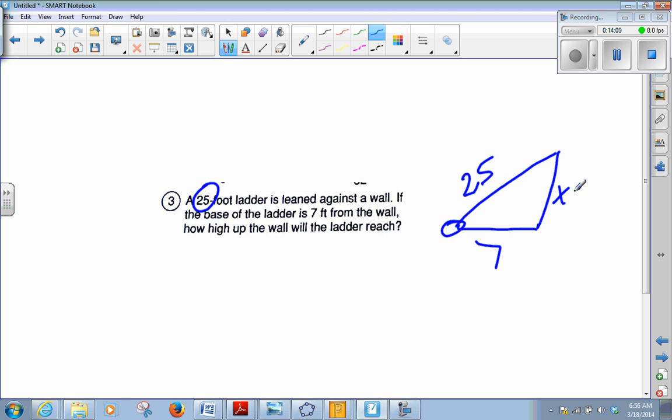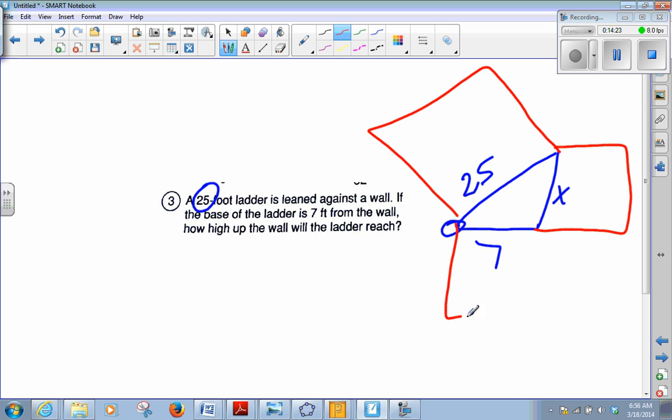We're trying to figure out, of our little imaginary right triangle that's been created here from the ladder leaning up against the wall, how high that ladder is going to reach. So I'm going to make my imaginary right triangles here. Again, it's just a right triangle problem. We're missing a leg. So I'm going to call this one A. So A squared is going to be 49.